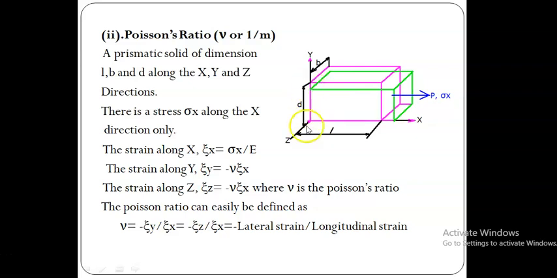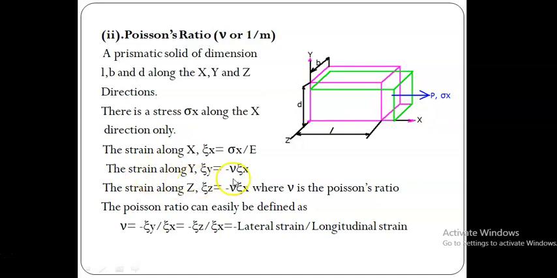The depth d decreases, and simultaneously the breadth also decreases. So this shortening of length occurs due to the tension force acting along the x direction. Because of the linear strain, the lateral dimension decreases, so laterally it is strained.